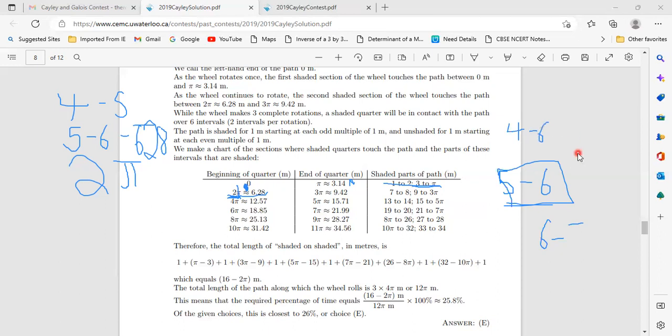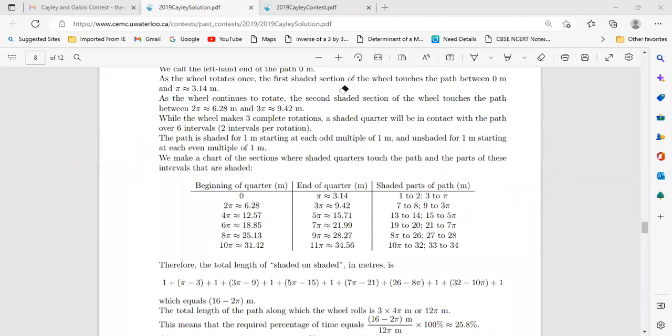I hope the table part is clear. From there, we're going to find the total length of the shaded on shaded. So it's 1 plus pi minus 3. Why is it 1?